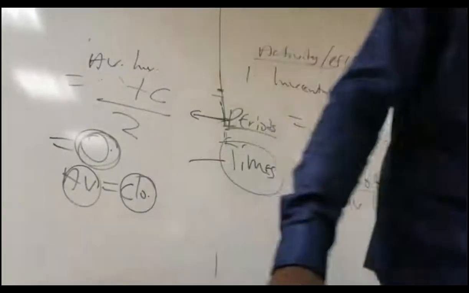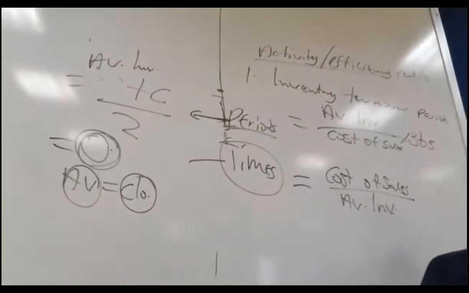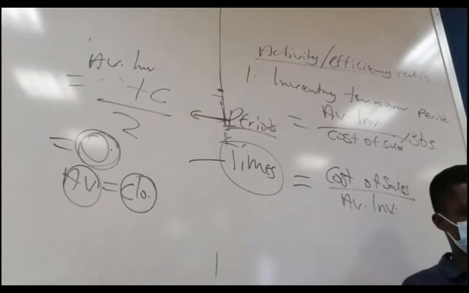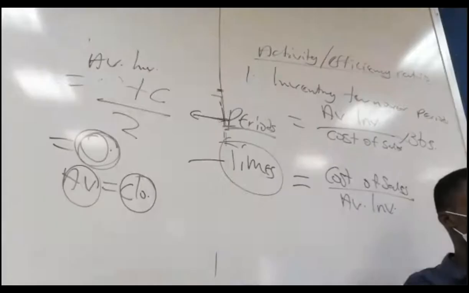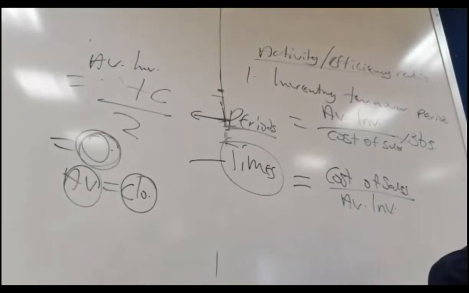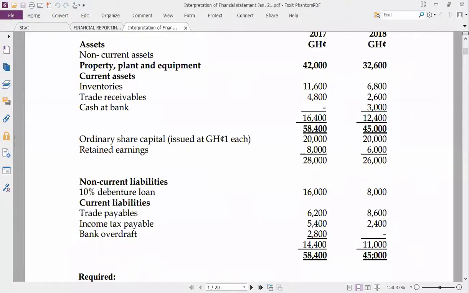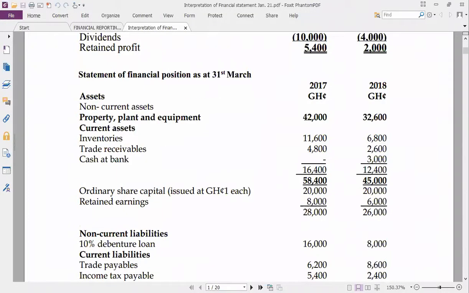Let's go to Akwesi Papa Limited. So if average is not given, if we check Akwesi Papa Limited, for 2017 we cannot get the open inventory.